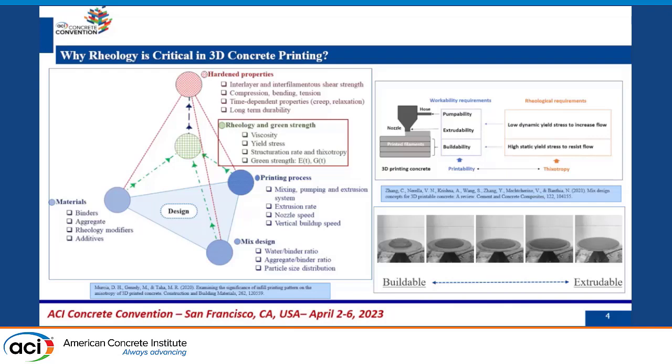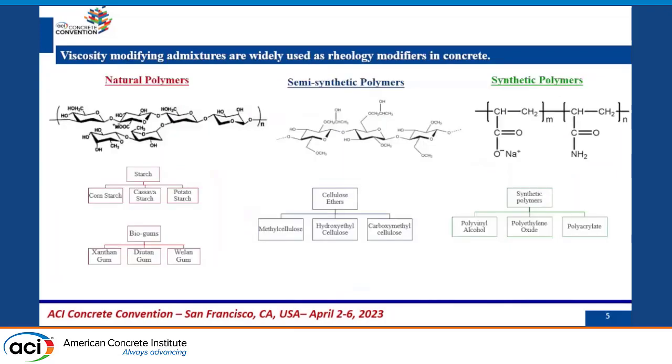And right after the material leaves the nozzle on the printing bed, the scenario changes. We now need a material that has high static yield stress and high thixotropy, so that it can sustain the load of the layers on top of the bottom layer.